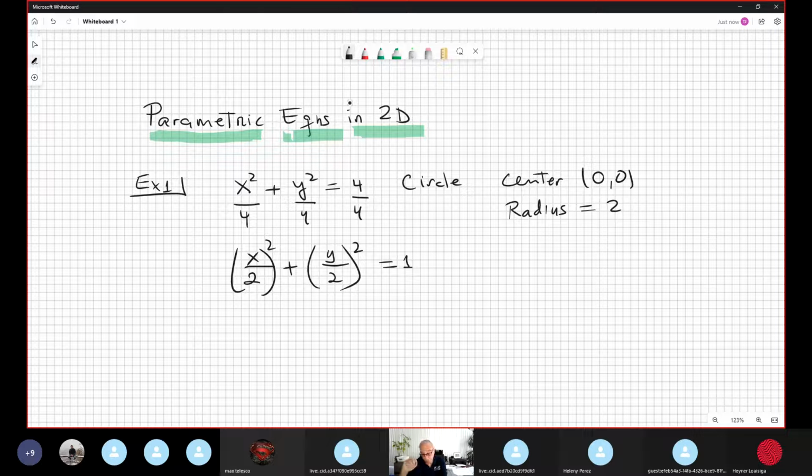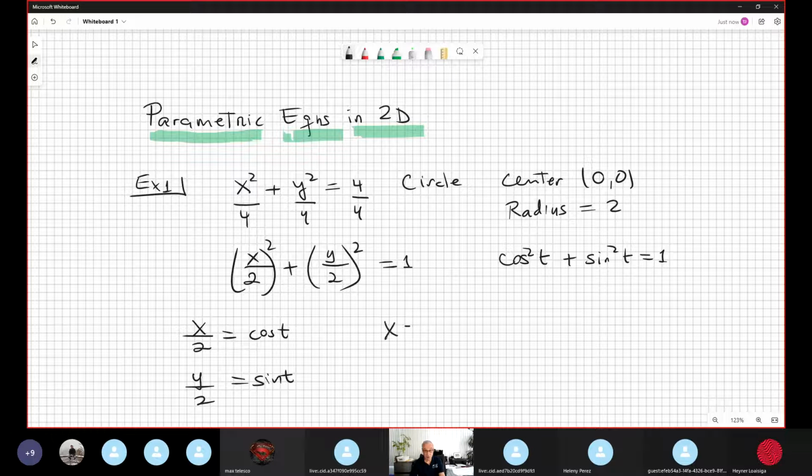So, you remember in trigonometry this famous trigonometric identity, cosine squared of any angle, let me call it t, plus sine squared t equals 1. So if you define x over 2 equal to cosine t and y over 2 equal to sine t, then this is satisfied perfectly.